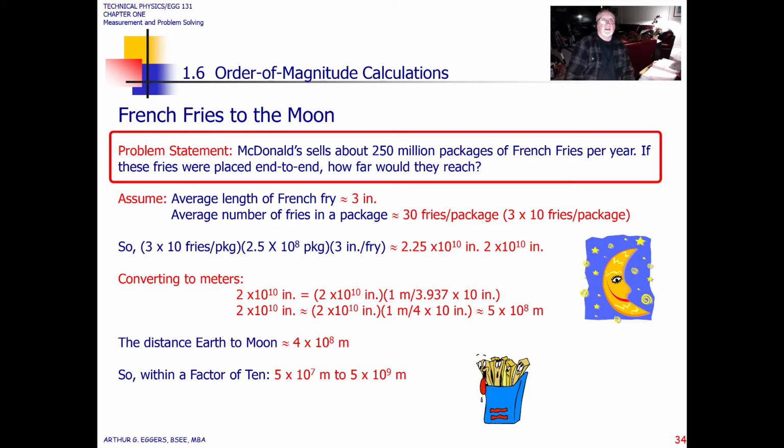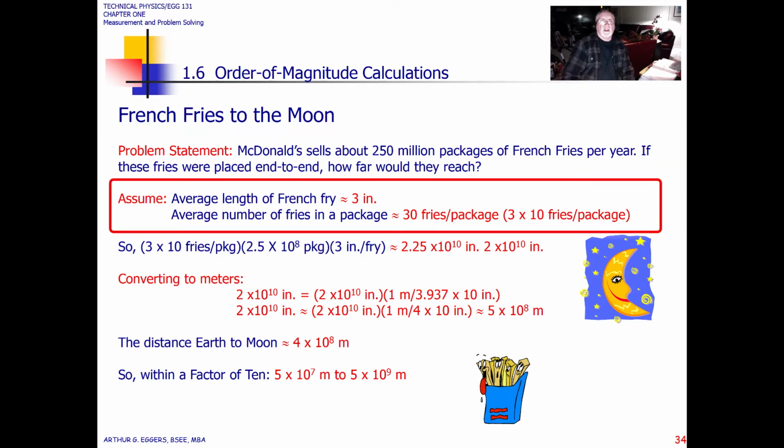Well, we can make an assumption here that the average length of a French fry is about 3 inches. I always look for the long ones myself. The average number of fries in a package is approximately 30 per package, or 3 times 10 fries per package.